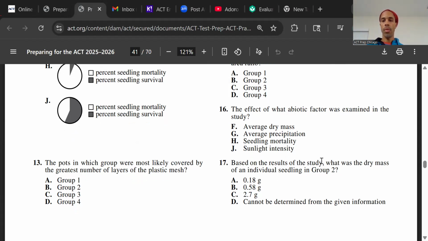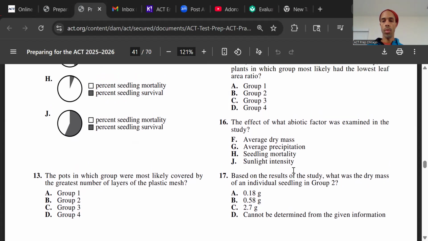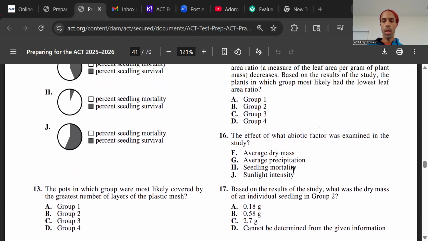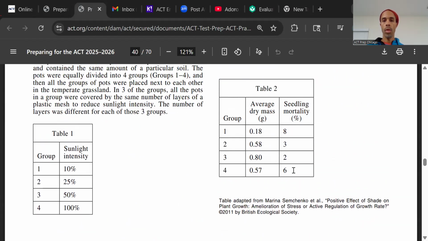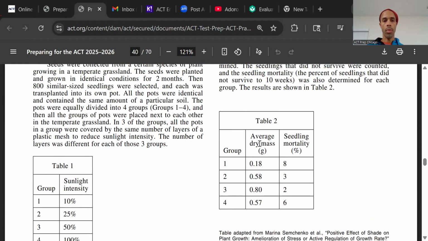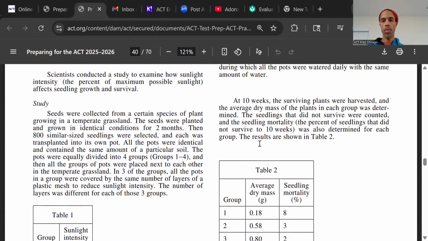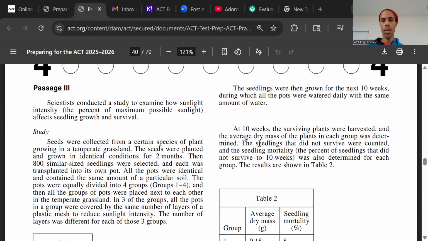Based on the results of the study, what was the dry mass of an individual seedling in group two? Group two, the average dry mass was 0.58, but we don't know what the dry mass was of an individual seedling.